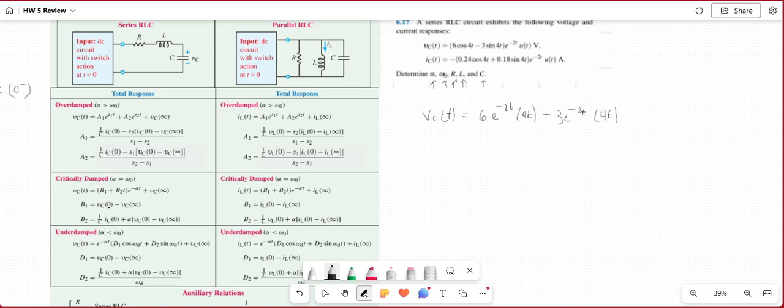In the equation, we can see alpha is right here. If this is negative alpha, then negative alpha equals -2, meaning that alpha is equal to 2. That's our first part. Alpha is equal to 2 nepers per second.